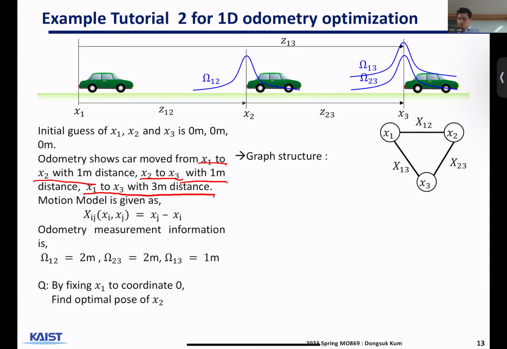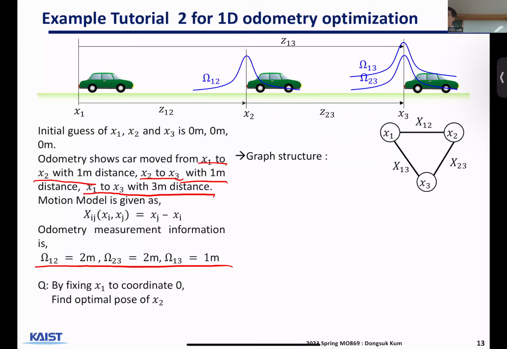And that's where these uncertainties come in. Omega 1,2, omega 2,3, omega 1,3. And what this says is omega 1,3 is more reliable than omega 1,2 or omega 2,3.